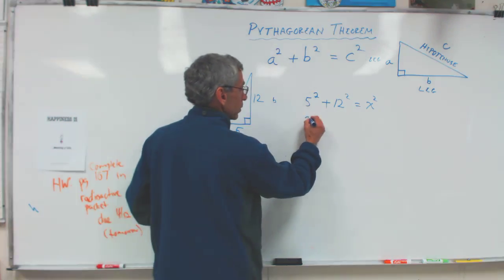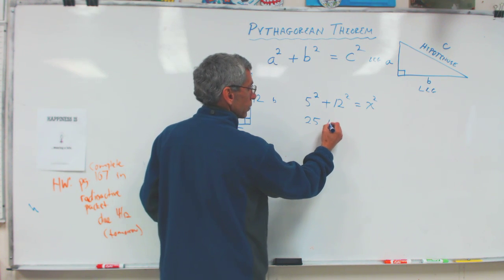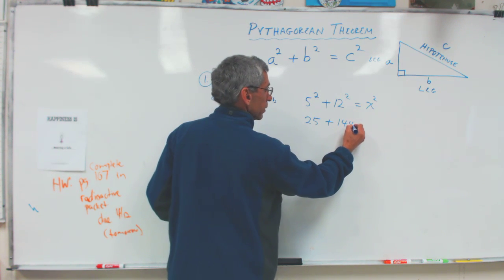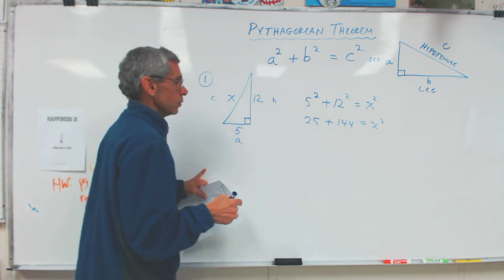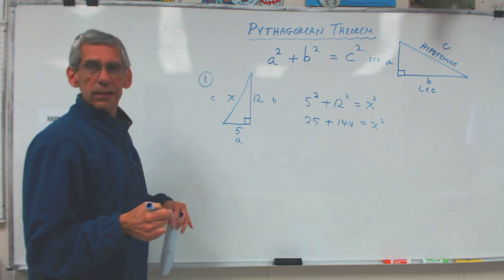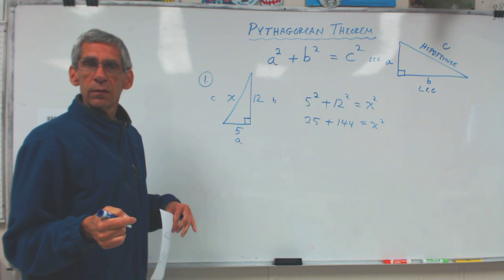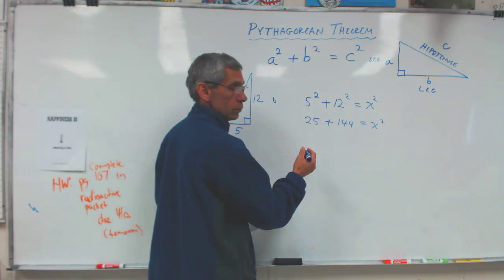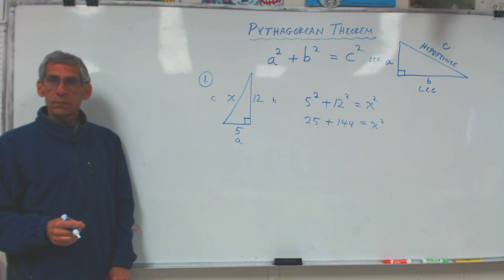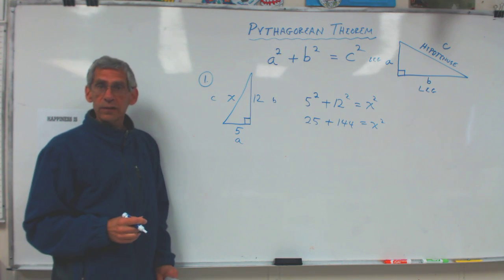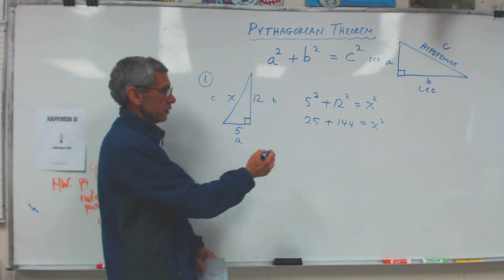What is 12 squared? 144. Equals X squared. Now, what do those add up to? 169, I think, right? Does that make sense? 169, am I right? Did I do that right?